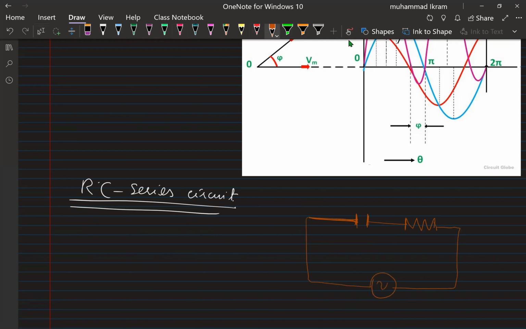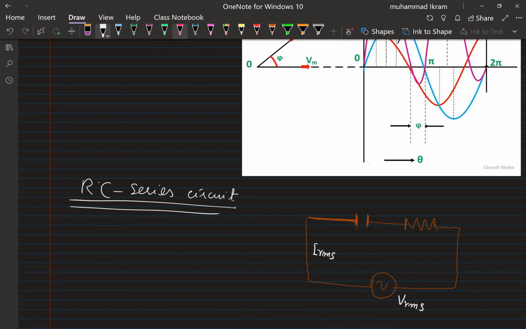This is our AC source. This is definitely the VRMS. Definitely in the circuit there will be a current IRMS, because the meter always measures the RMS values.